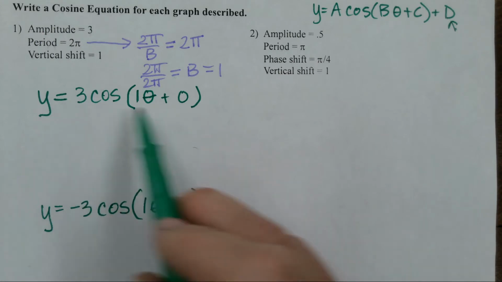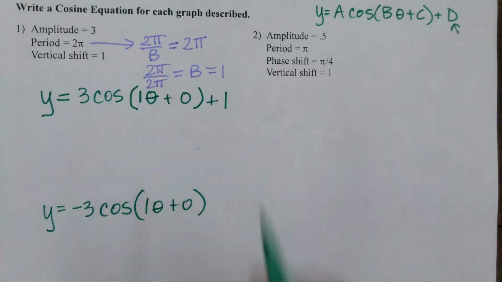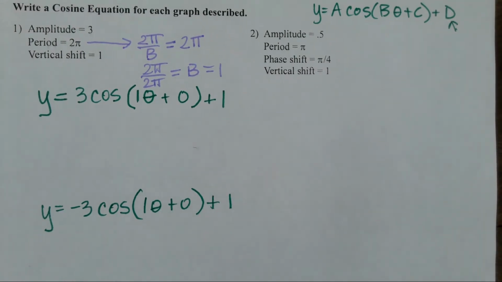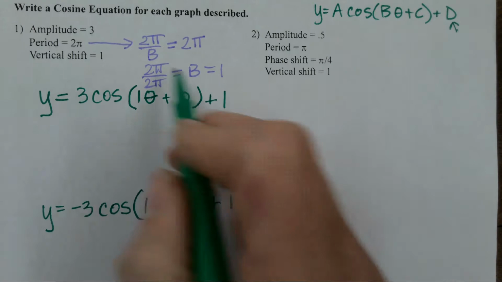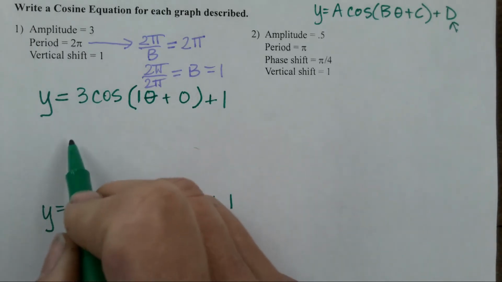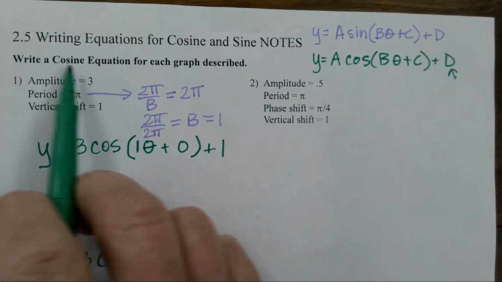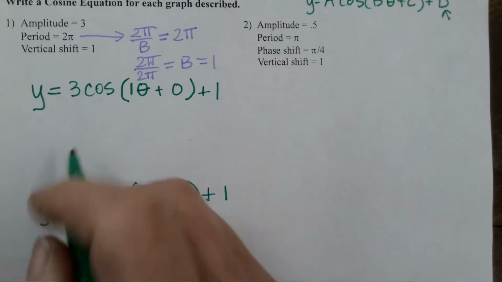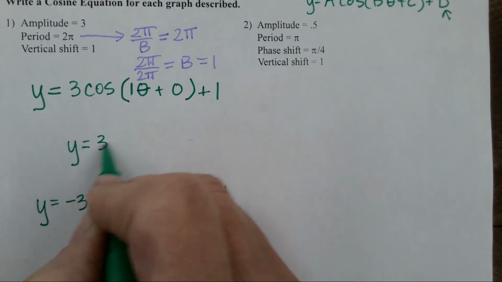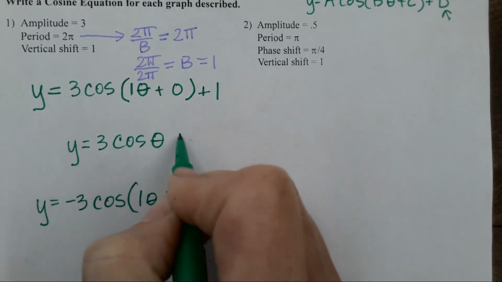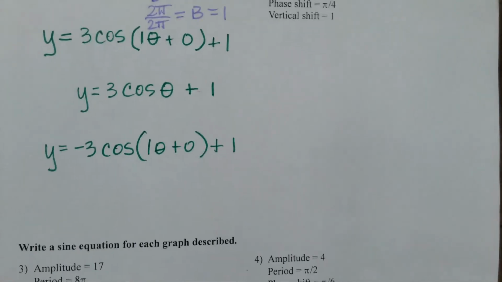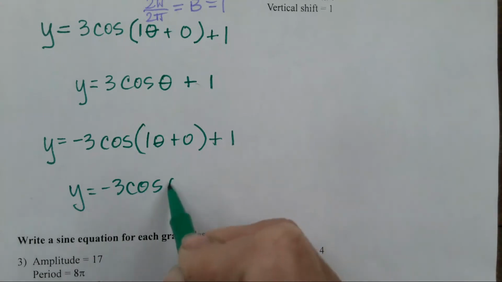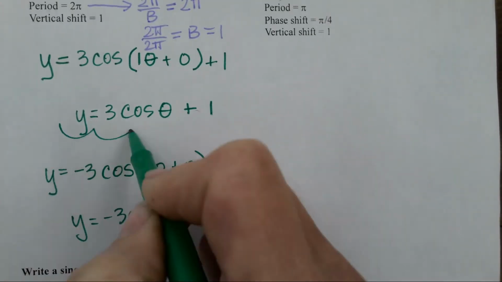But right here, I can just add that one to the end to get my vertical shift, and it could be for either one of those. So when I write this answer in a more condensed form, the cosine equation that could represent this graph is y equals 3 cosine theta plus 1. Or it could be y equals negative 3 cosine theta plus 1. Both of those are acceptable answers.